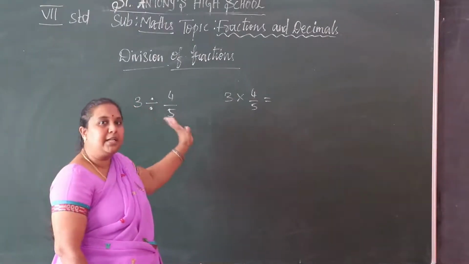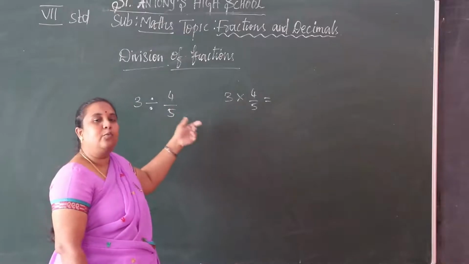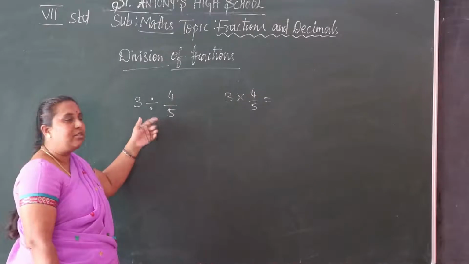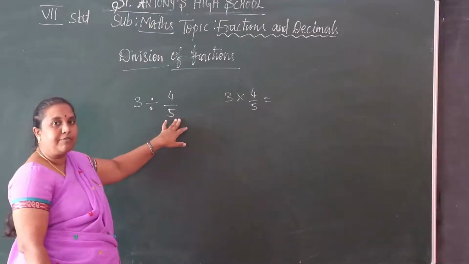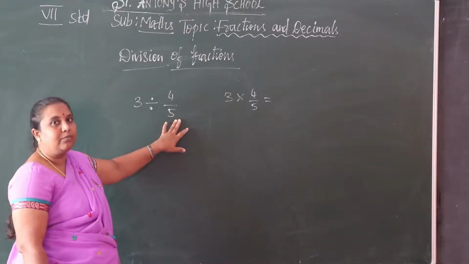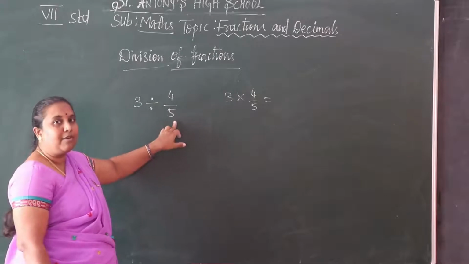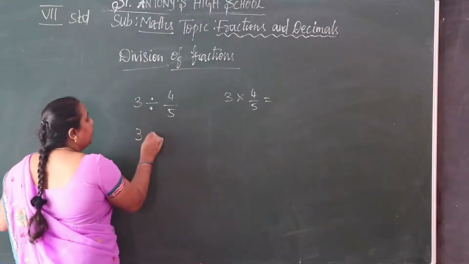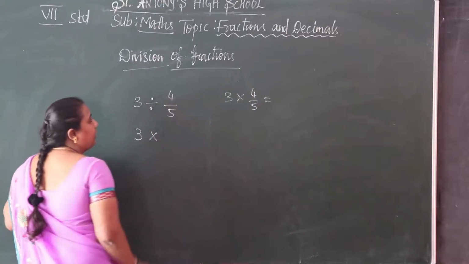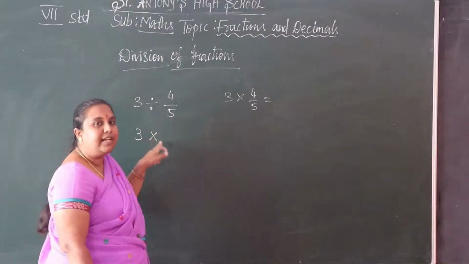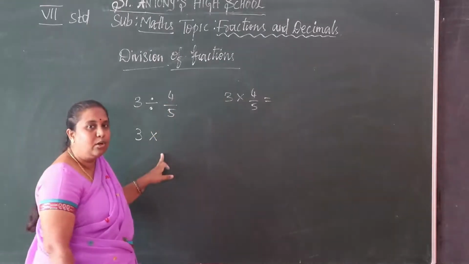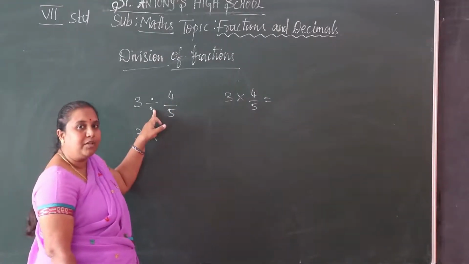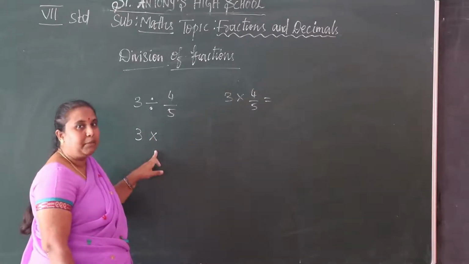Only the multiplication, but before that we have one change. Before that, we have to change the fractional number to its reciprocal form. While doing the reciprocal form, we change the division form into multiplication form, changing the sign from division to multiplication.